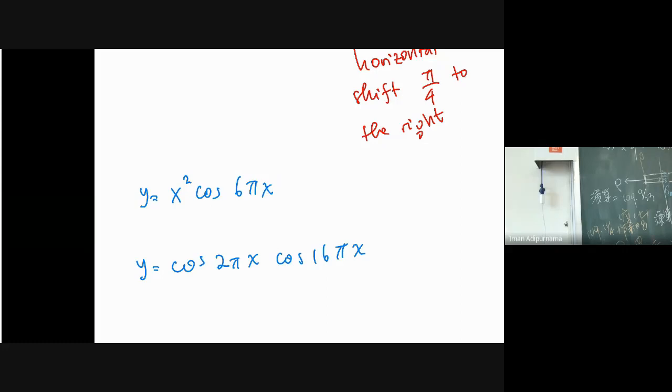Where's x? Can you zoom out? Yeah. More. Or can you just erase this part? Yeah, erase that part. Okay.